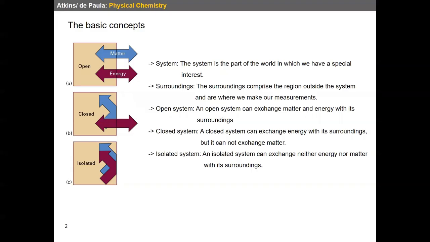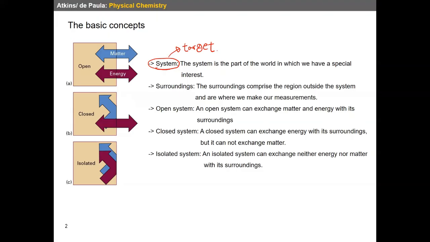And first, there is a system. The system is the part of the world in which we have a special interest. How can I say, this is kind of the target, what we want to understand.